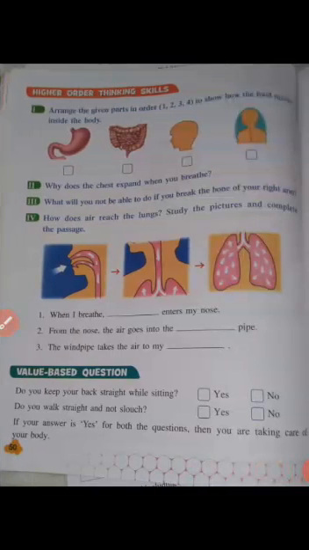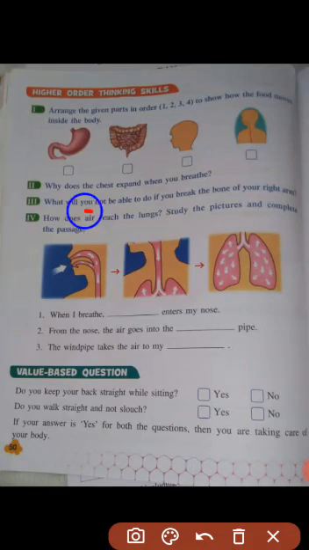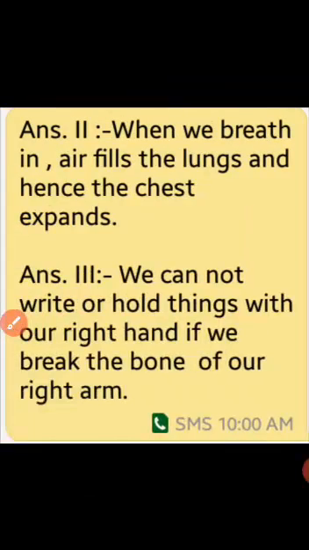What's the next question? Number 3. This question: what will you not be able to do if you break the bone of your right arm? So the answer is, we cannot write or hold things with our right hand if we break the bone of our right arm.